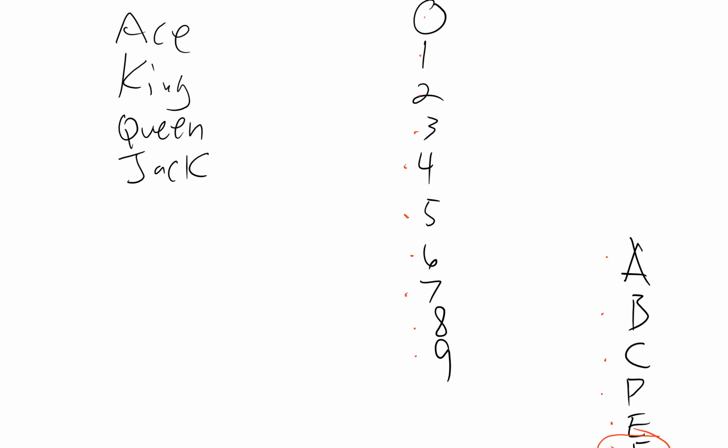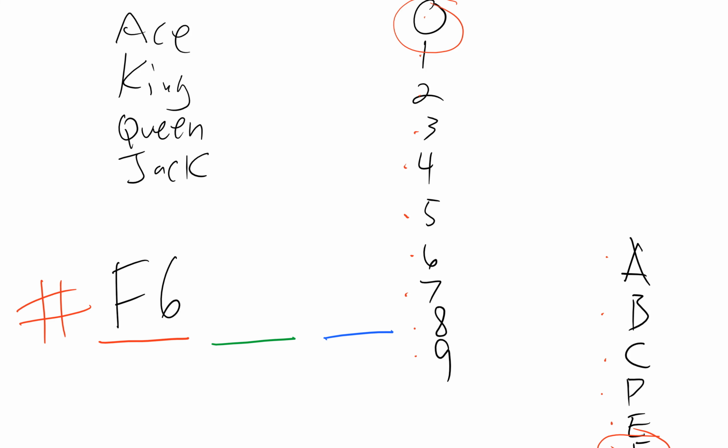So F being the highest value, 0 being the lowest value. And when you do hex codes, you start with 2 numbers for red, 2 numbers for green, and 2 numbers for blue. So if it's something like F6, that's going to be the closest to the highest value of red possible. And the highest value of green, highest value of blue would be as close to white as you can get.